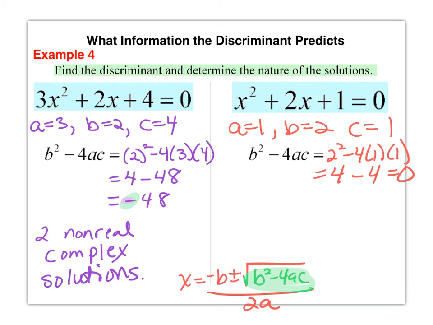Now, since the discriminant is 0, when you are substituting into this quadratic formula, and if this entire quantity is 0, you're adding and subtracting the square root of 0. You're adding and subtracting 0. So you will have only one real solution. In fact, it's going to be one rational solution.